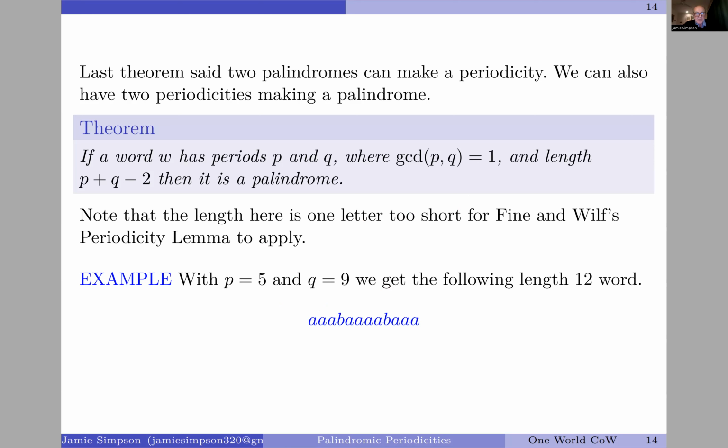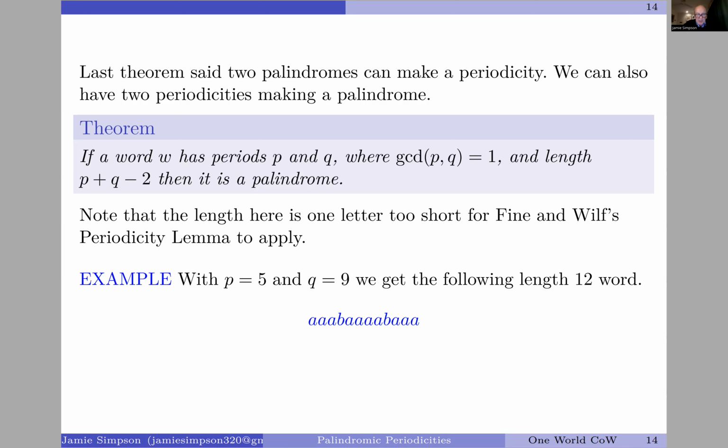We can also have two periodicities making a palindrome. And this is with this theorem, which is, I imagine, well known. I couldn't find it anywhere, but it's not hard to prove that if you have a word having two periods, P and Q, with the greatest common divisor being 1, and its length P plus Q minus 2, that's 1 less than is needed for the Fine and Wilf palindrome lemma to apply, then you get a word which is a palindrome.